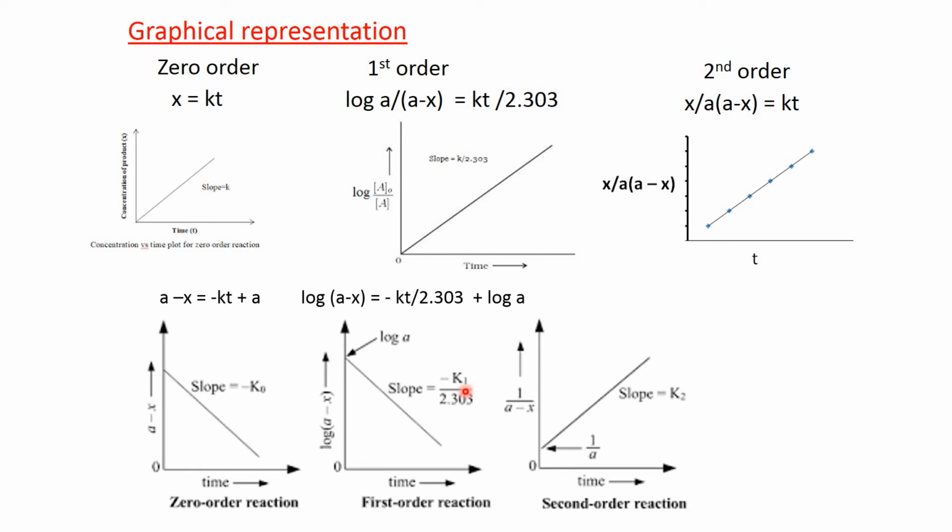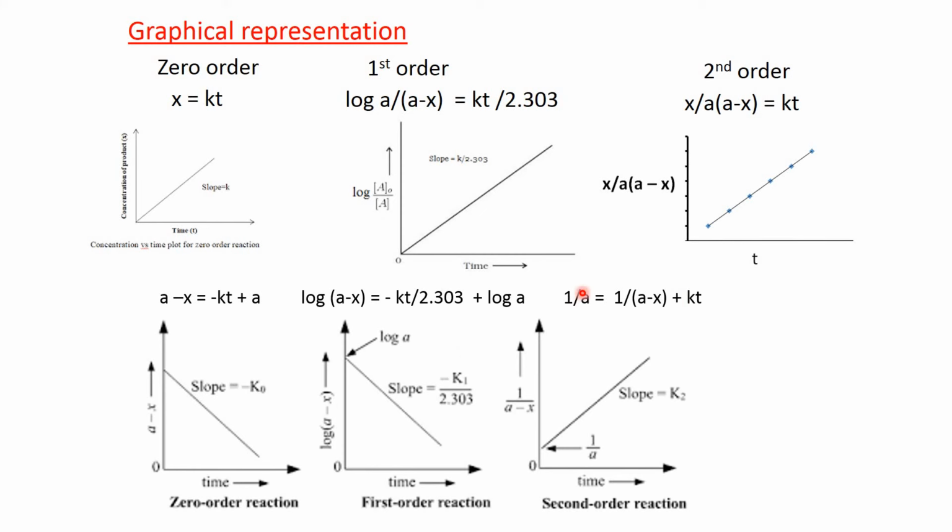Now, this is the first order reaction. If you plot log of A minus X versus time T, then this is Y is equal to Mx plus C, where M means K by 2.303 and x means T. Then also you will get a straight line with an intercept on the y-axis, and the slope will be equal to K by 2.303.